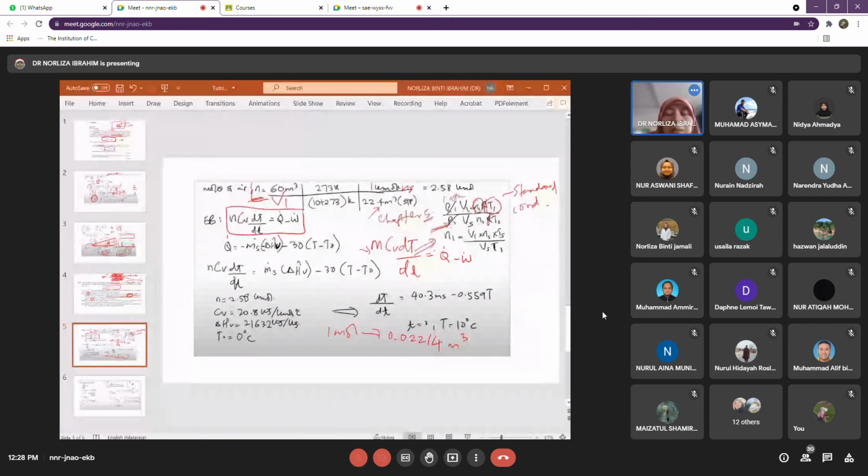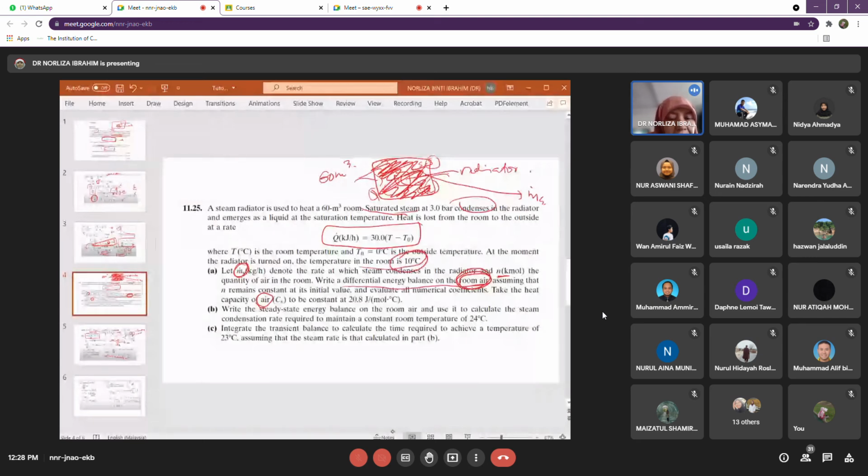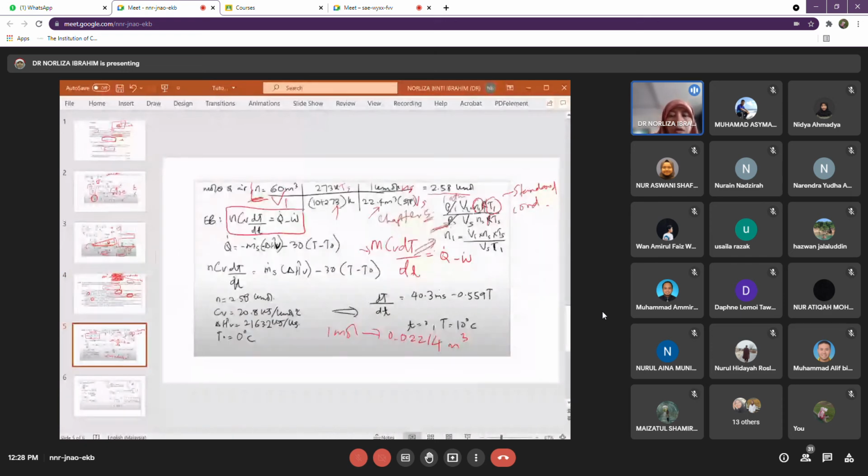So this is the Vs. And this is the Ts, the standard temperature, 0 degrees C, which is 273 K. And this is your T1, the condition of the air, 10 degrees C, given there, the temperature in the room when you start the time. So you get the mole as 2.58 kilomole. That is one. Getting the N is a bit confusing, how to get N by comparing with the standard.